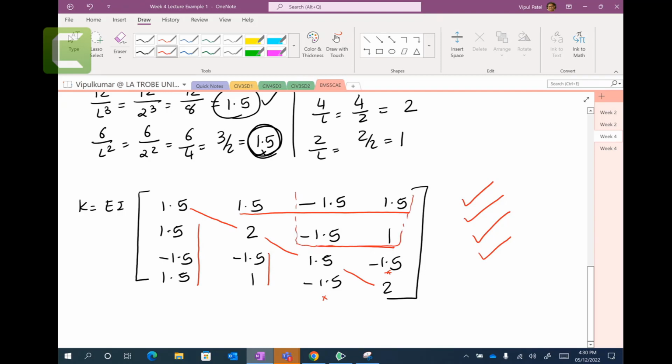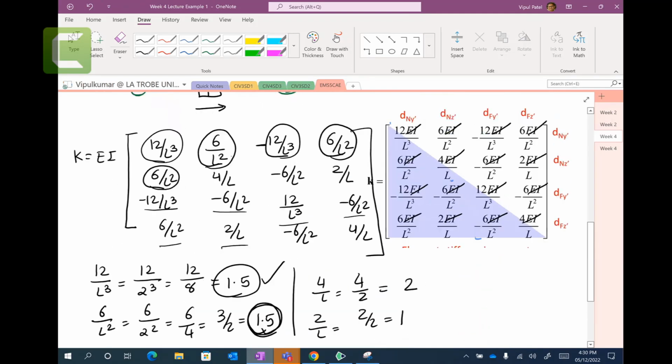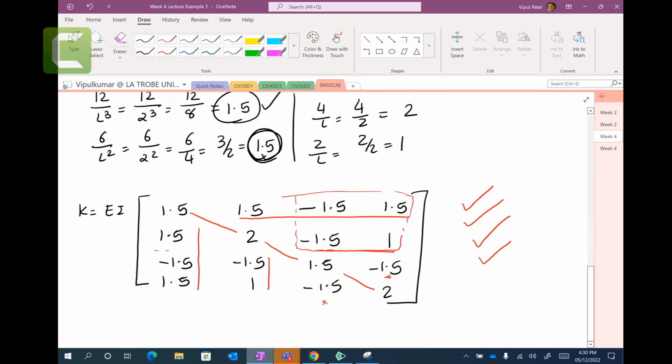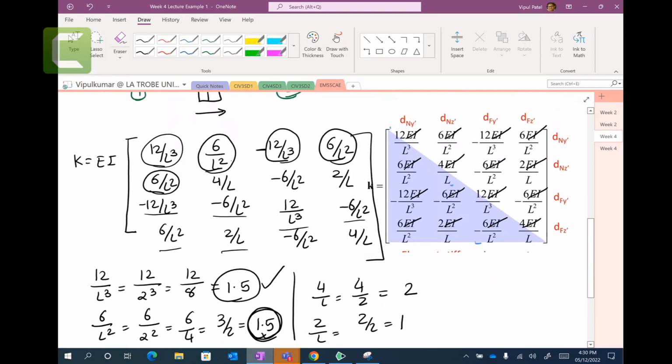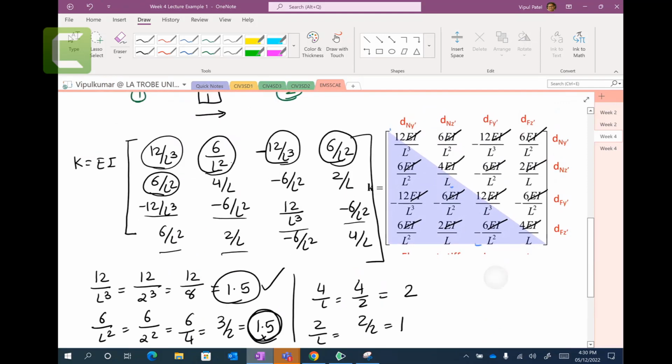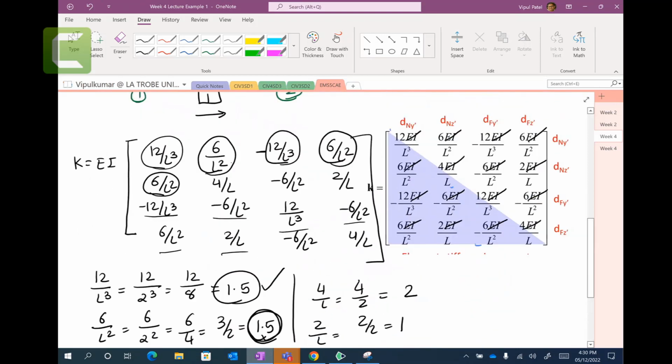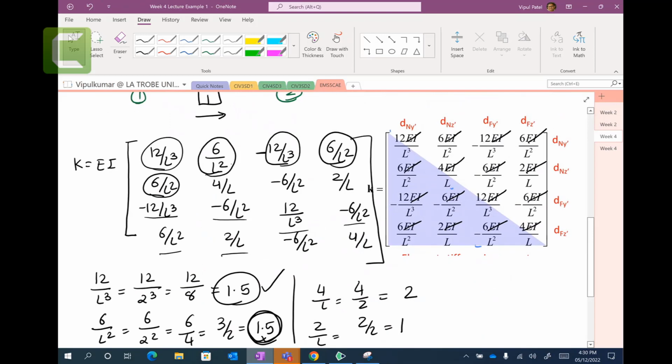This one here, I think somewhere something is wrong. Minus 12 on L cubed, and there would be a minus sign in here. Let me check my book.